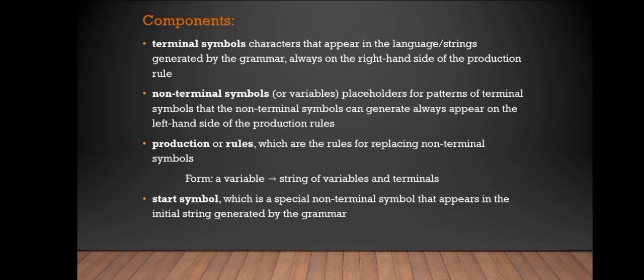The third component, production rules, which replace non-terminal symbols to form a string of variables and terminals. Fourth, the start symbol, a special non-terminal symbol that appears in the initial string generated by the grammar.